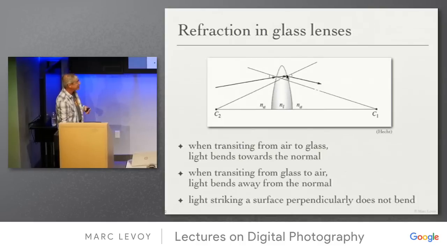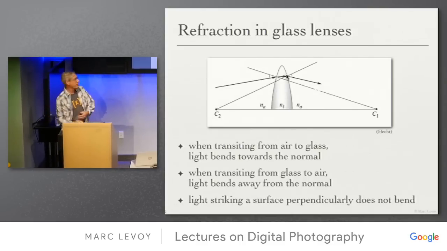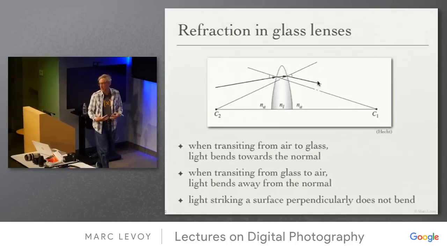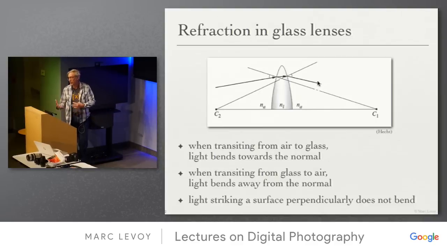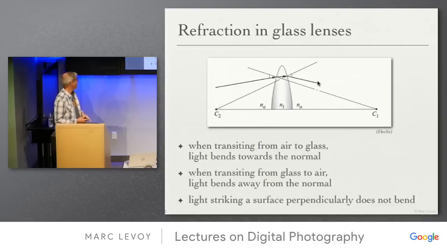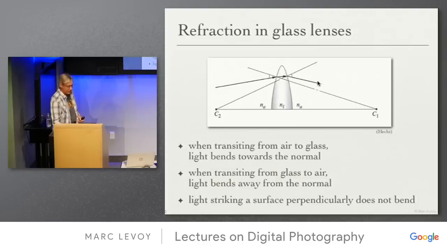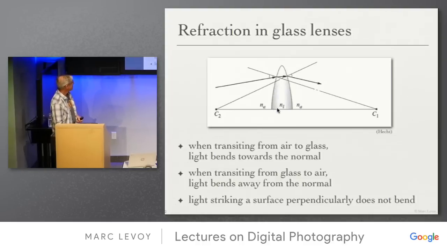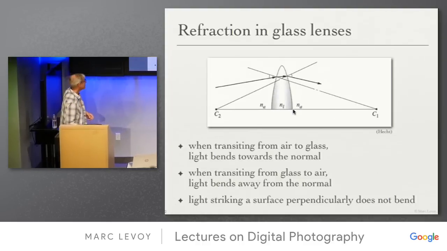And then as it's leaving, going from a more dense to a less dense material, it bends, here's the normal here, to that part of the glass. It bends away from the normal as it goes to a less dense material. And so it seems to bend twice in the same direction, but it's for the opposite reasons. And then light traveling perpendicularly, which would be down here, does not bend at all.